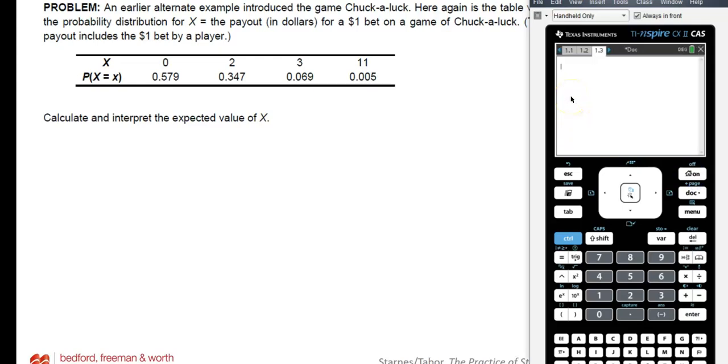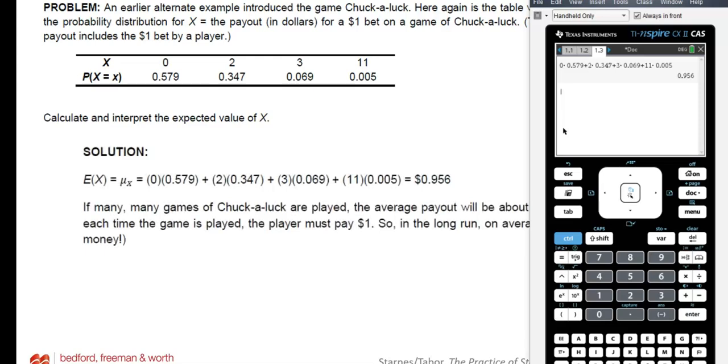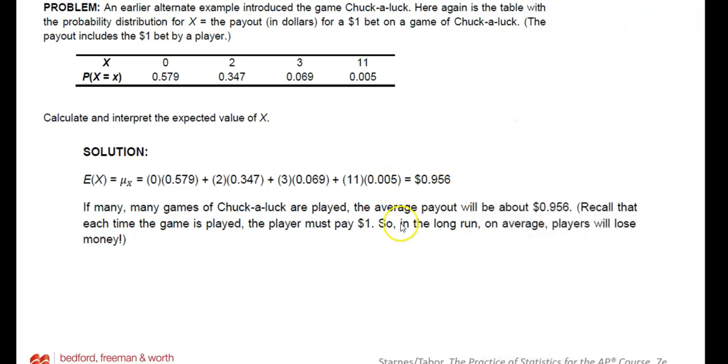It's just going to be the amount, 0 times 0.579, plus the amount times 0.347, plus the amount times 0.069, plus the amount, fortunately this was a little bit less, hopefully I got that right, so 0.956. Yeah, so if many games of Chuck-a-Luck are played, the average payout will be about 0.956.